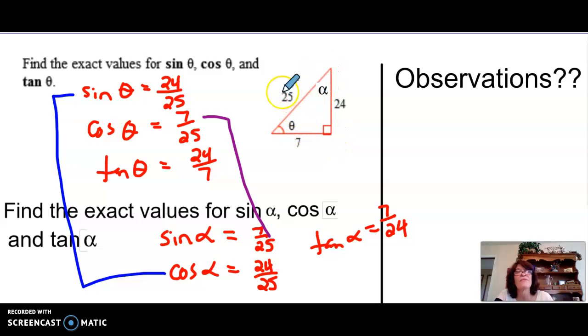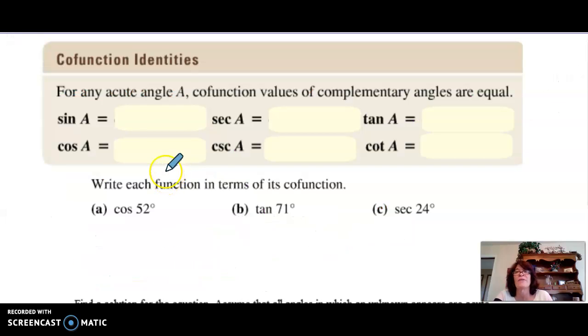And so therefore, what we say about sine and cosine is that they're called co-functions. They're co-functions because the sine of one of the angles will equal the cosine of 90 minus the other angle.